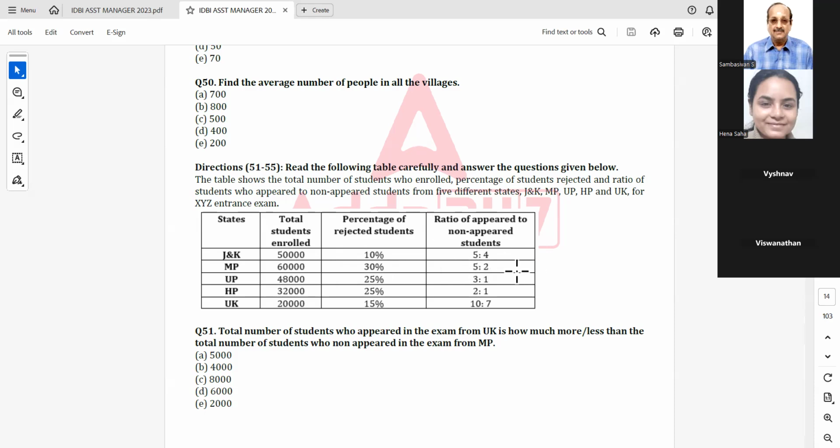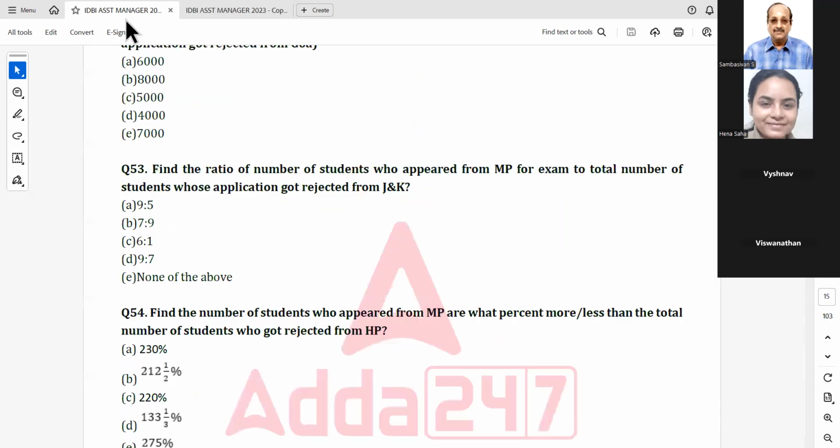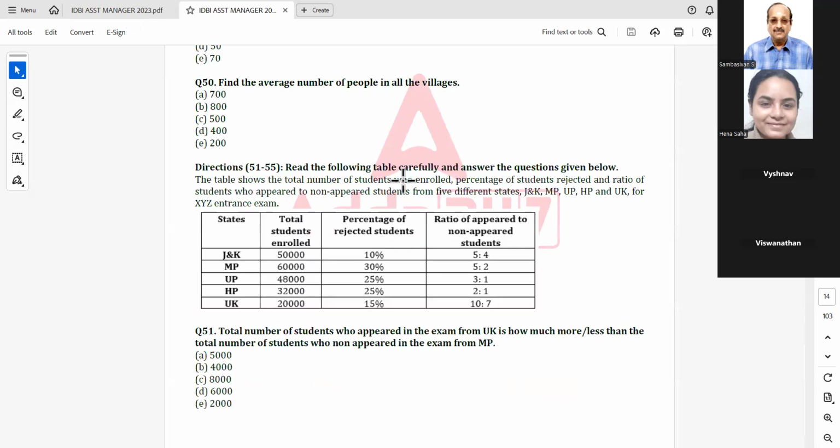The ratio 5:2. So 30,000, another one 12,000. What is it they are asking? Number of students who appeared from MP 30,000 to number of students whose application got rejected from JNK.